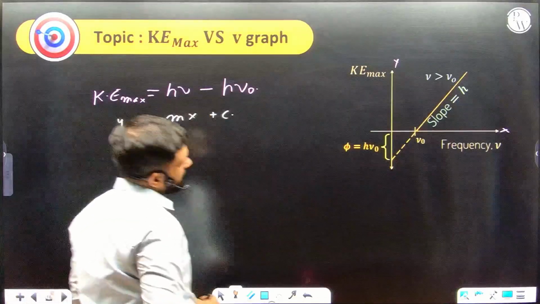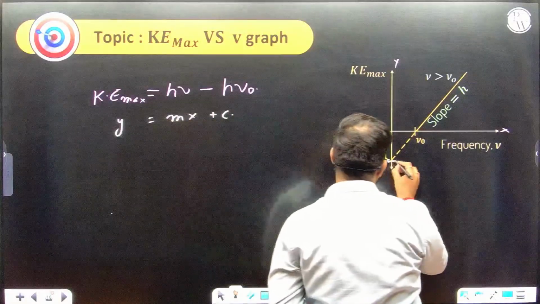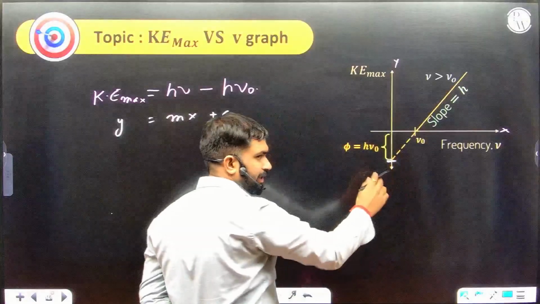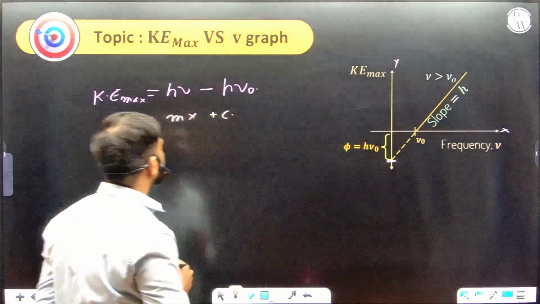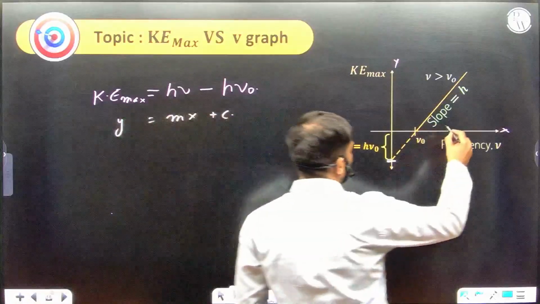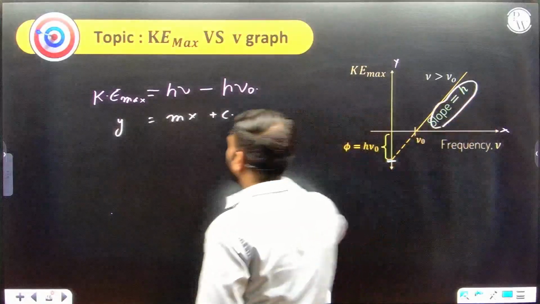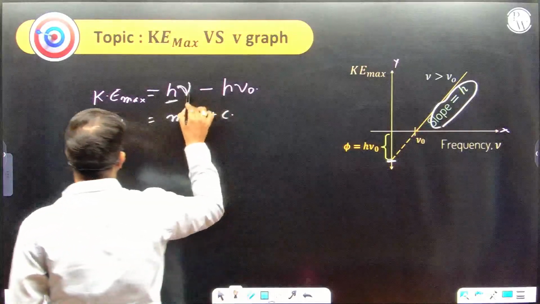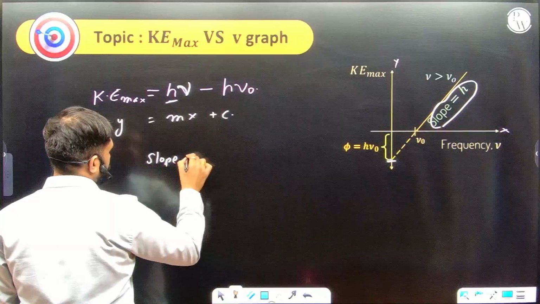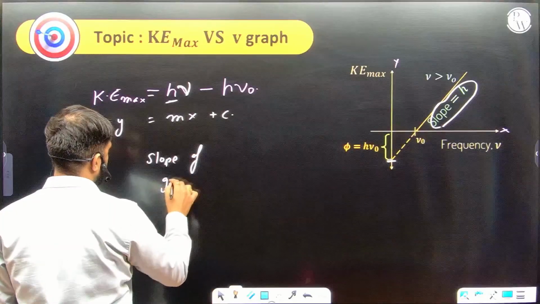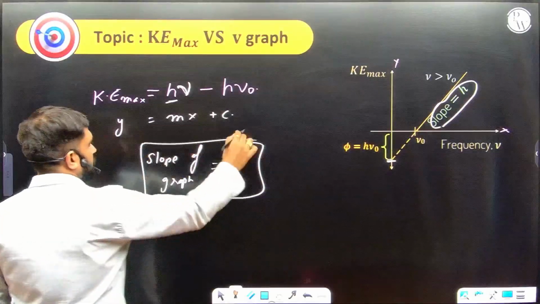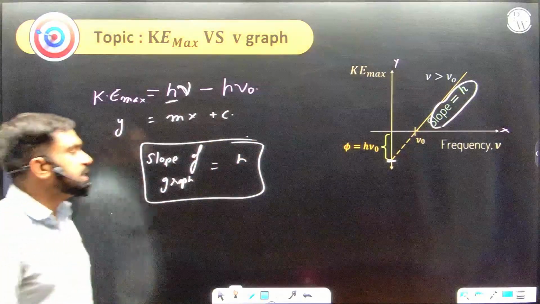Comparing it, c is your y-intercept, which is minus h nu naught. It's negative, I know, it's below the x-axis. M is the slope, and can you guess what the slope is here? Slope is nothing but the coefficient of frequency, which is Planck's constant. So the slope of the graph is h.